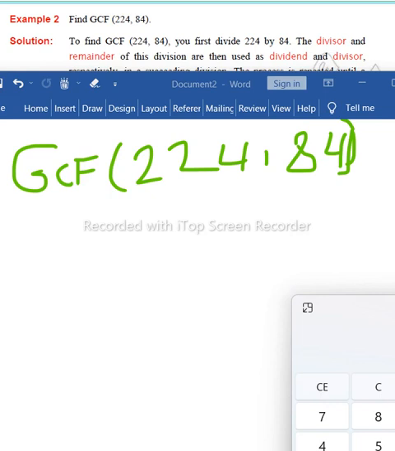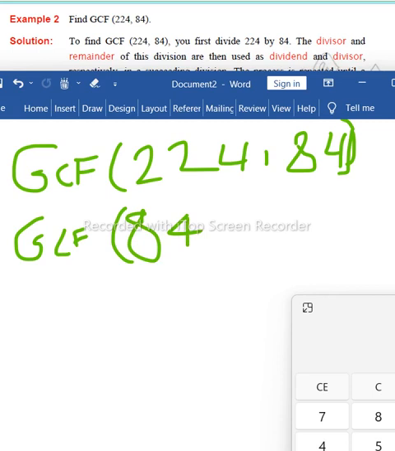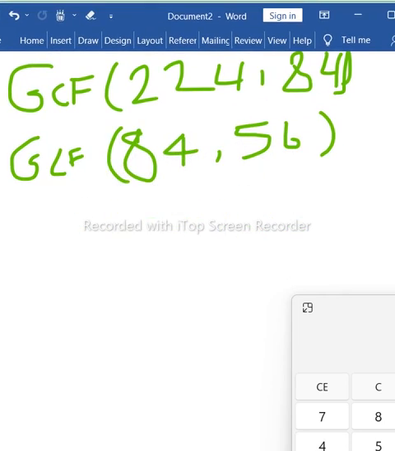As we said before, the greatest common factor of 224 and 84 is the same as the greatest common factor of 84 and 56. To get this again, we divide 84 by 56.